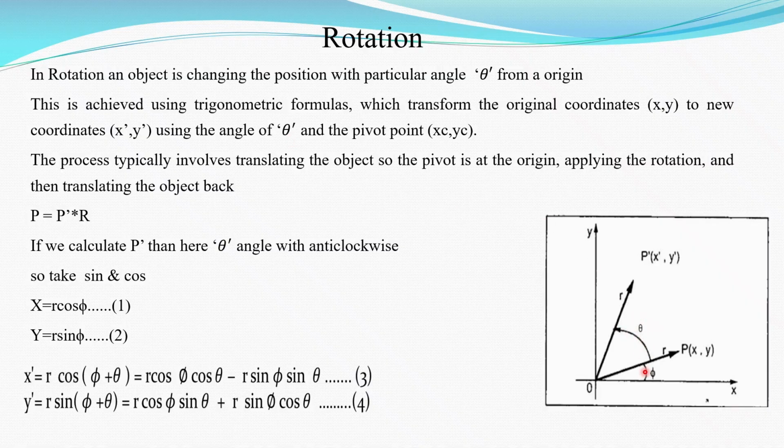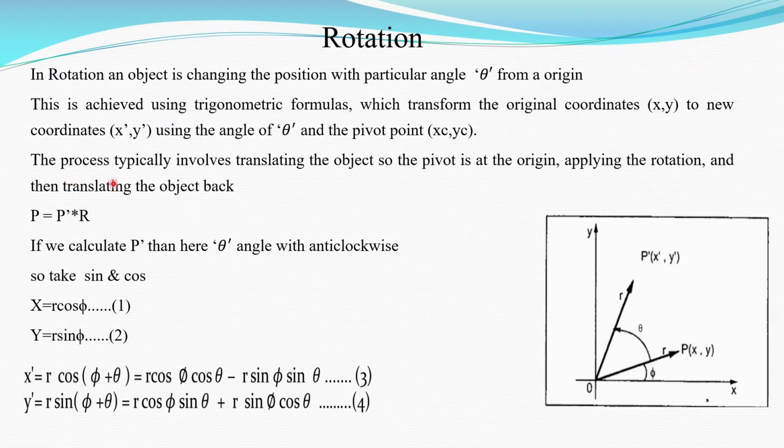For that reason we take trigonometric functions. These transform the original coordinates xy to new coordinates x dash y dash using the angle theta and the pivot point, where xc, yc is the center of the given point, meaning the origin.